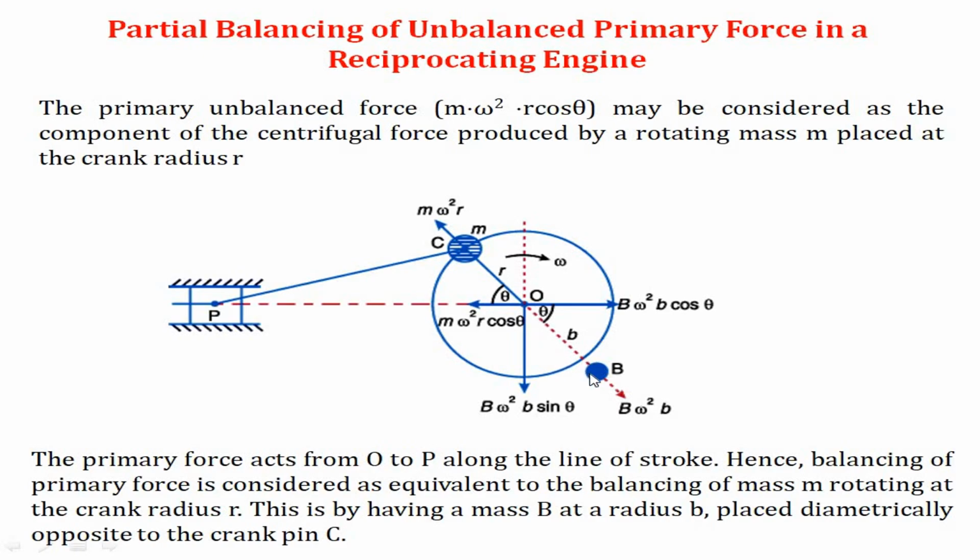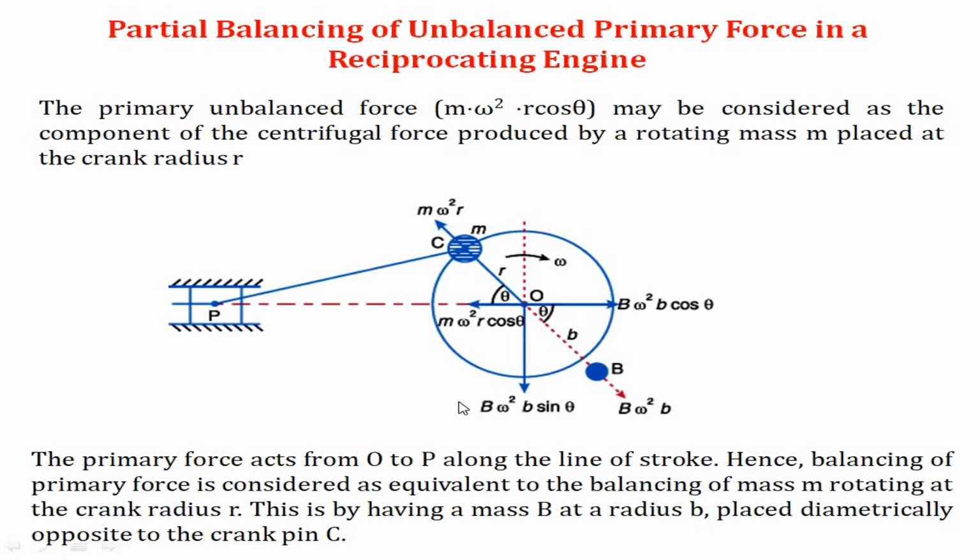But the actual nature of the force created over here is centrifugal, and it is created by a rotating mass capital B. So one vertical component will also be created over here, which is going to be B omega square b sin theta. So as we find, m omega square r cos theta can be balanced by B omega square b cos theta.